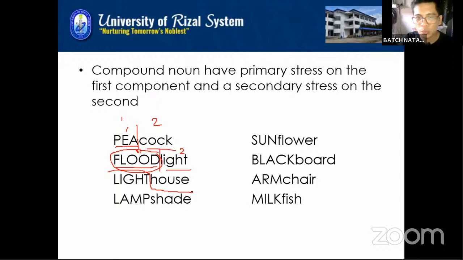Then next we have lampshade. He holds a lampshade. Where's the lampshade? The lampshade is there. Can you please get me the lampshade? So we put the stress on the first component, which is lamp.